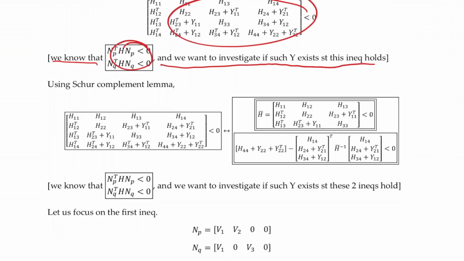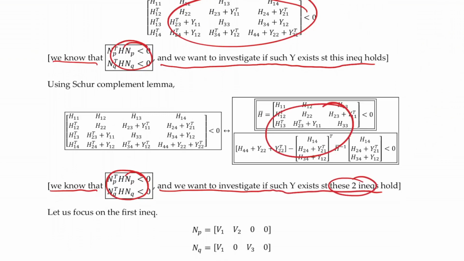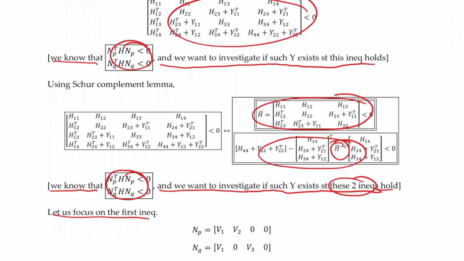Well, now the problem can be stated as: we know that the second condition is true, and we want to investigate if such Y exists such that these two inequalities hold. So let's focus on the first inequality, because it is easy to see that such Y exists no matter what. But before that, since H bar is stated here, we first need to focus on the first inequality, and we want to prove that such Y11 exists such that H bar is negative.